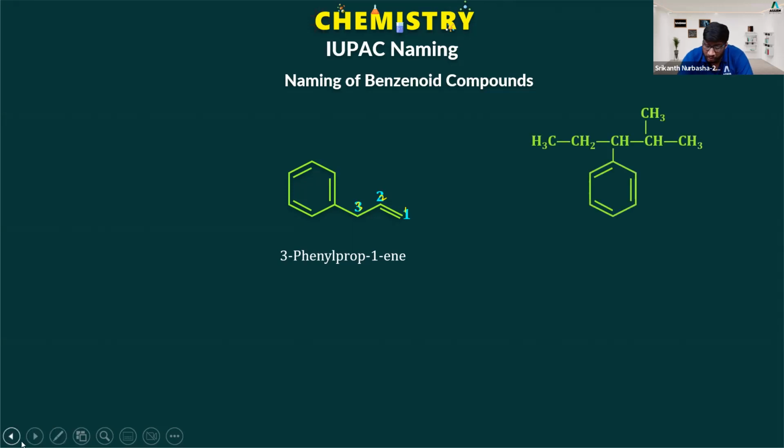What is the name of this compound? 2-methyl 3-propyl butane. Pentane. 2-methyl 3-phenyl pentane. Right. This is the name of the compound.